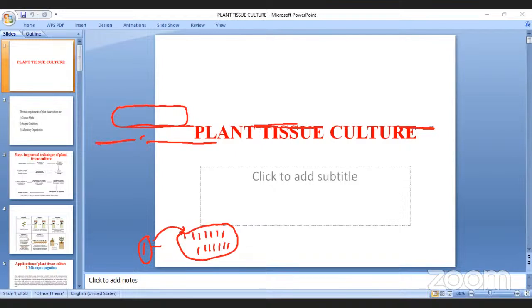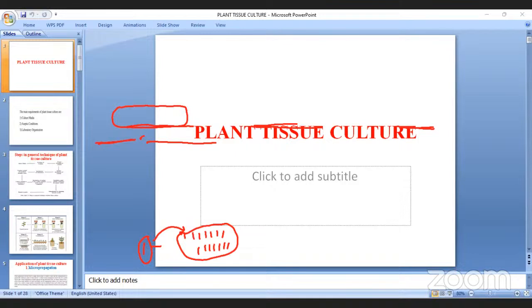Why is it called somaclonal? Actually, gene changes in general occur in reproductive cells, not vegetative. In reproductive cells, in the form of crossing over, they can exchange genes from one to another. But in tissue culture, the variations occur in vegetative cells. That's why it is somaclonal variation.